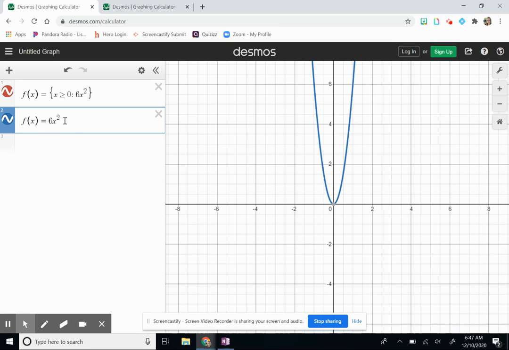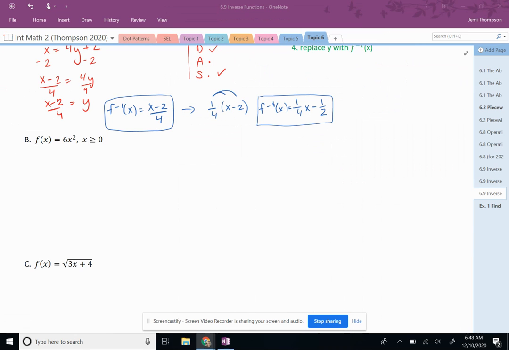Okay, so here is what the function usually looks like for my parabola. And then we said, well, I can't take the inverse of that, so I'm going to restrict it, and I'm only going to look at this half. And when I look at just this half of the graph, now I can take the inverse. So we're just getting a little tricky here. Okay.